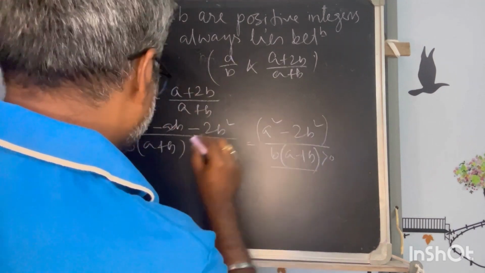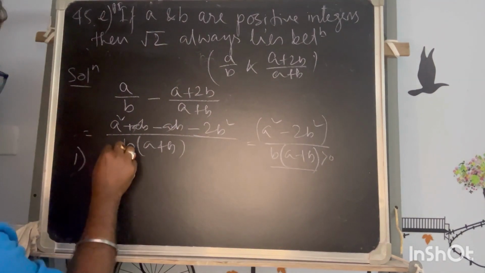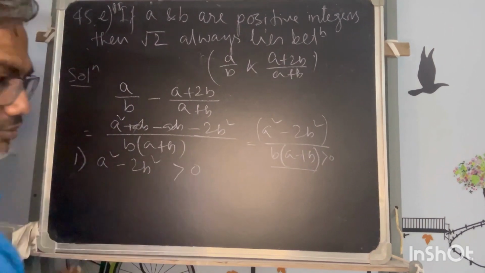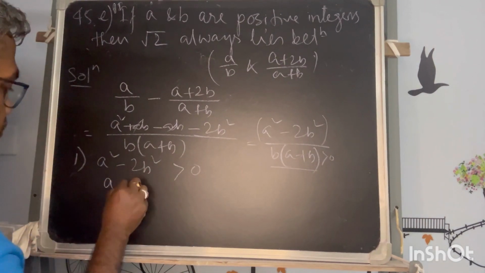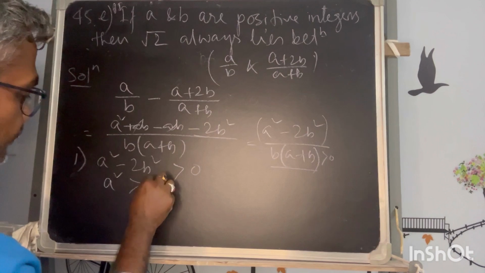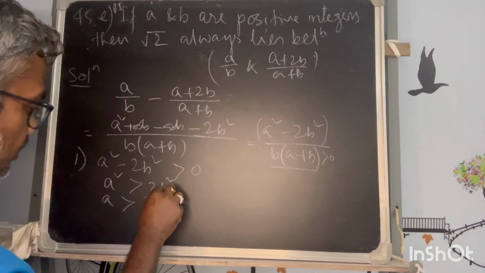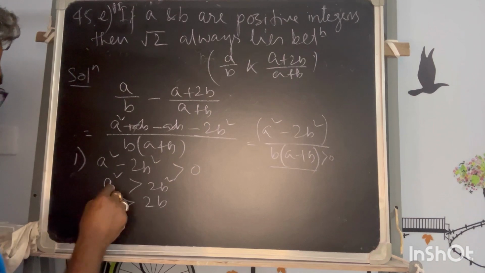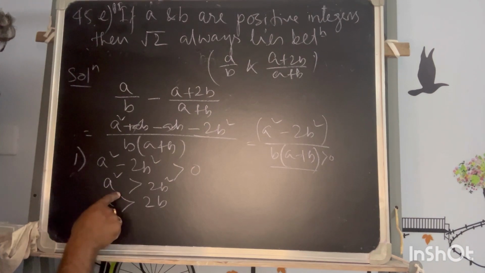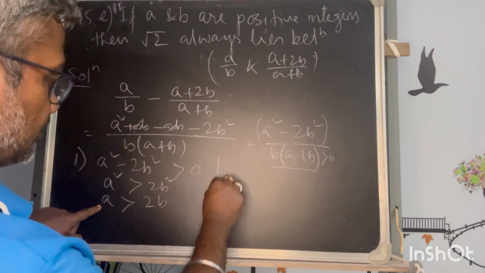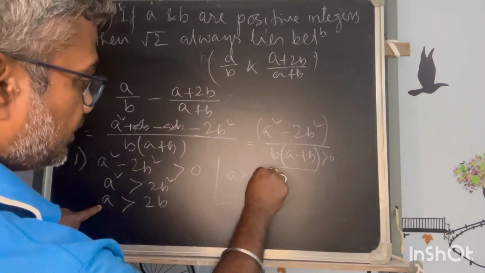So now if I take the first case, a square minus 2b square for any value of a, b is greater than 0. Let me take it. So a square greater than 2b square, where a greater than 2b, because I am just square rooting, and it will not change sign if I take here the condition I have taken, a greater than b.